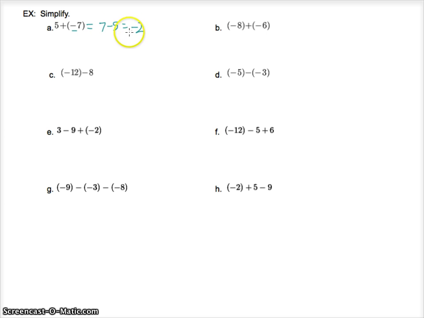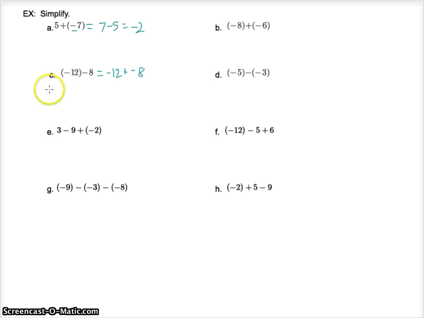Let's go ahead and look at letter C. I have negative 12 minus 8. Well, this is subtraction, so I need to add the opposite. So I'm going to make it negative 12 plus the opposite of 8, which is negative 8.